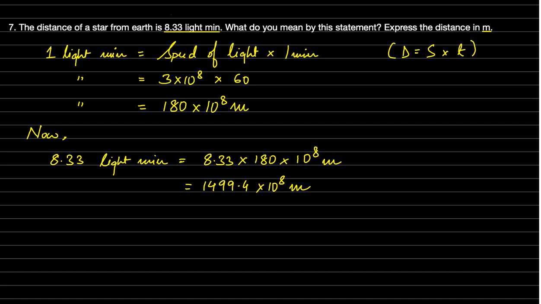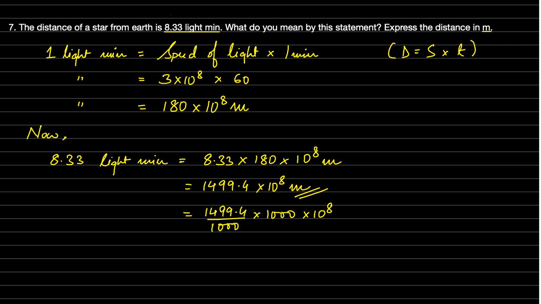Now, if we have to convert it, we have to shift the decimal to the left side 3 places. We can definitely leave it here. Otherwise, for shifting the decimal 3 places to the left, we will be doing 1499.4 divided by 1000, and since we divided by 1000, we will be multiplying also by 1000 into 10 to the power of 8.